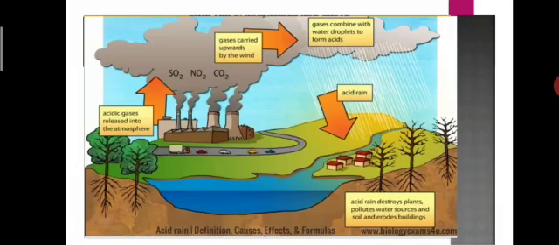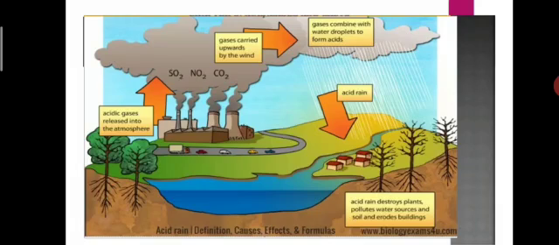See students, by this diagrammatic representation of acid rain, you can understand things. See students, what is that? Factory is there, okay? And the factories release acidic gases into the atmosphere. So factories can release sulfur dioxide, nitrogen dioxide or carbon dioxide into nature.